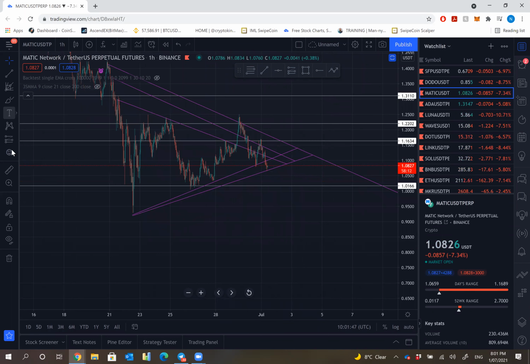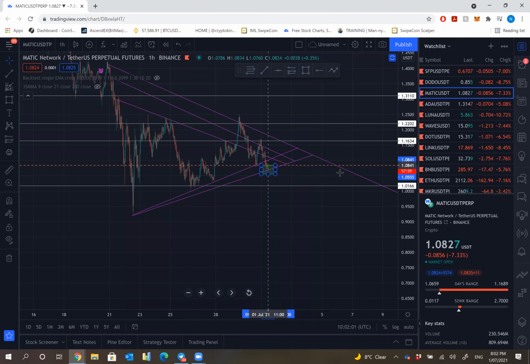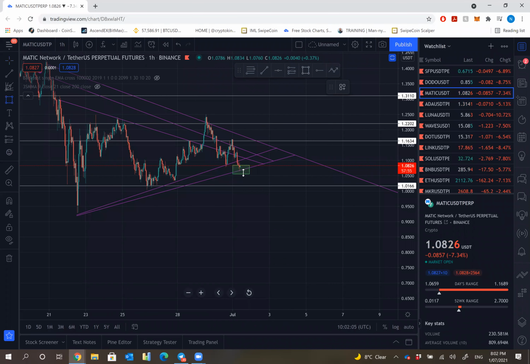Now, when I find potential support and resistance lines, I look for potential entries, and I mark those with the green box. So this would be a potential entry here, and my next potential entry will be, if it breaks support, I'd probably be looking for there, because at this point here, it's not only broken the trend line, but it's broken the horizontal support.